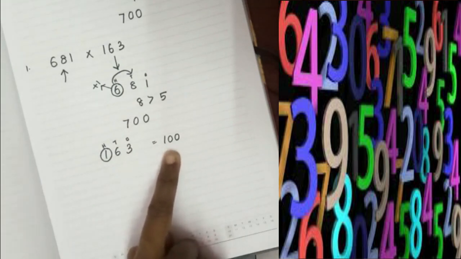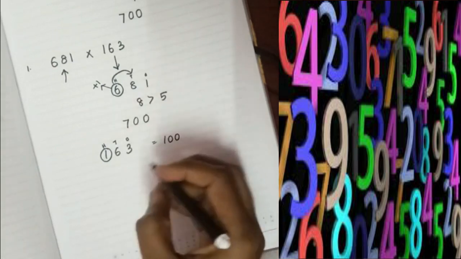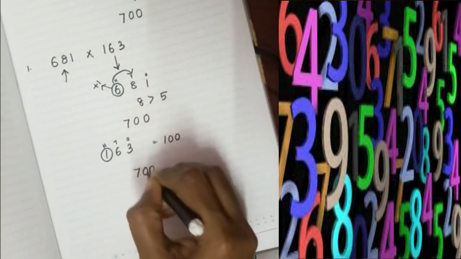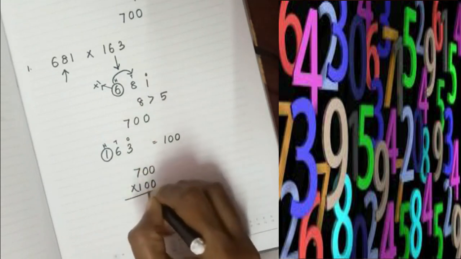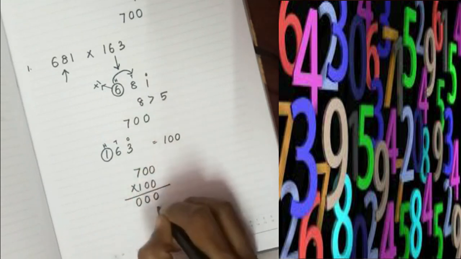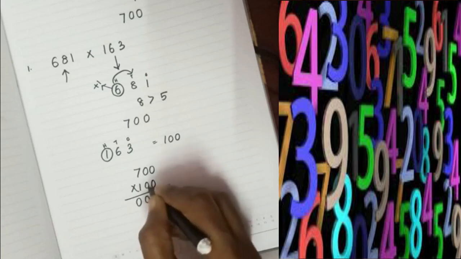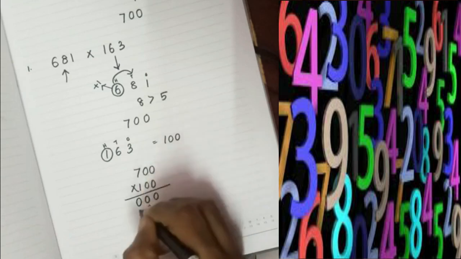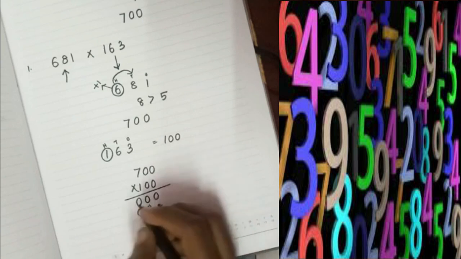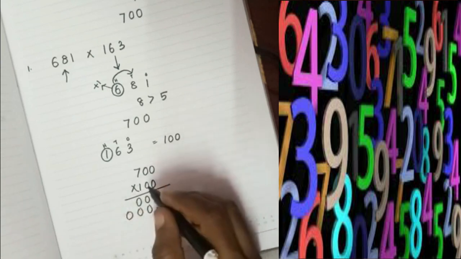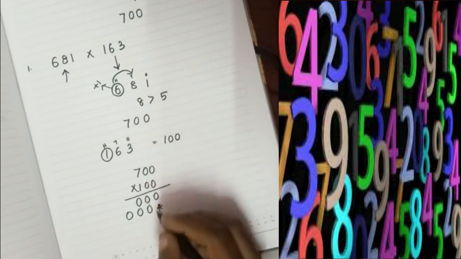Now you can multiply 700 multiplied by 100. 0, 0, 0 sevens are 0. Next one more 0. 1 zero is a 0, 1 zero is a 0, 0 sevens are 0. Next, here 1.